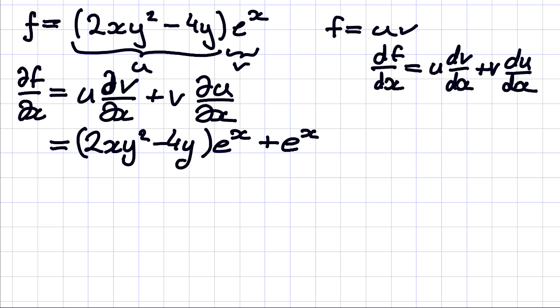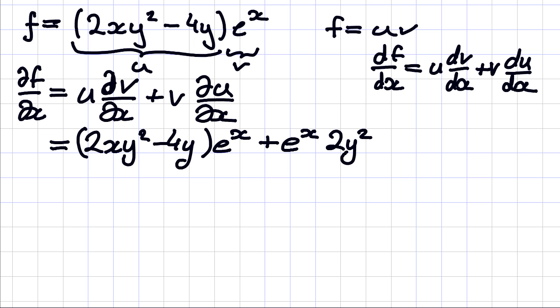So the first term, 2xy squared, that's just a constant, 2y squared times x, so I just keep the constant. So du dx is just 2y squared, and now I look at the second term, 4y. I'm treating y as a constant in this case, and the derivative of a constant is 0.